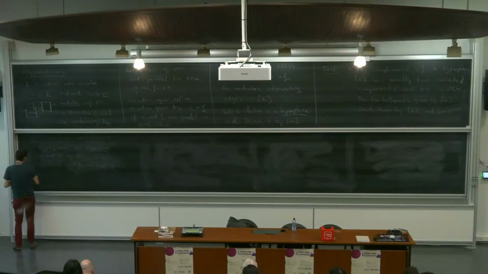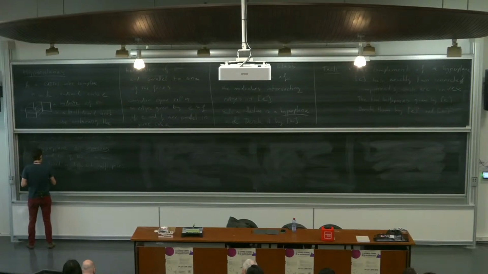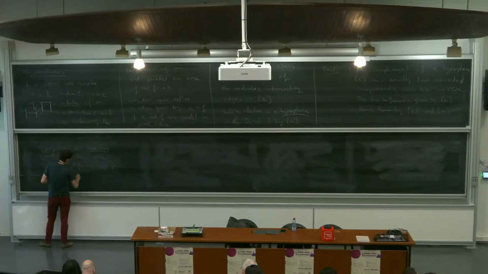Okay, and then I have two more facts about hyperplanes. So the first one is that the distance between two vertices, the combinatorial distance, is exactly the number of hyperplanes separating the two vertices from each other.